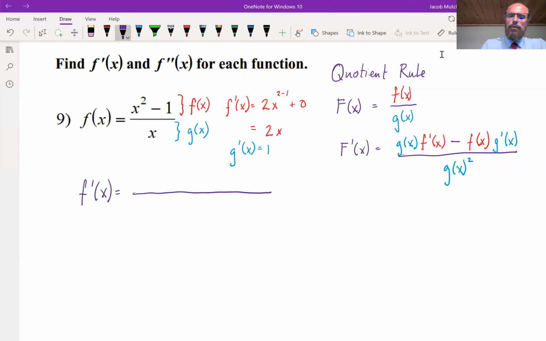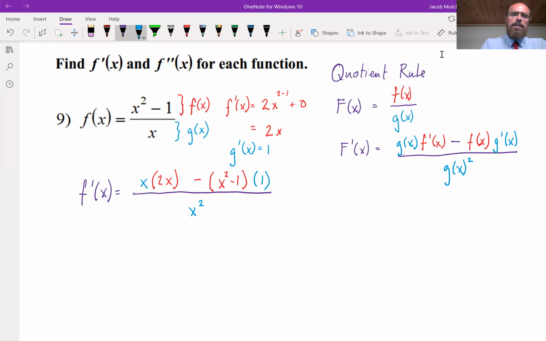We're going to use the quotient rule. So I'm going to apply my parts there. The original g of x is x times the derivative of f of x, which is 2x, minus the original f of x, which is x squared minus 1, times the derivative of g, which is just 1. And that's all over g, which is x squared.